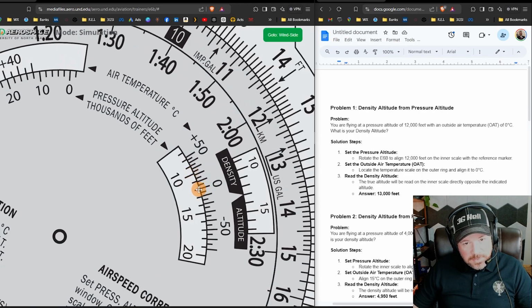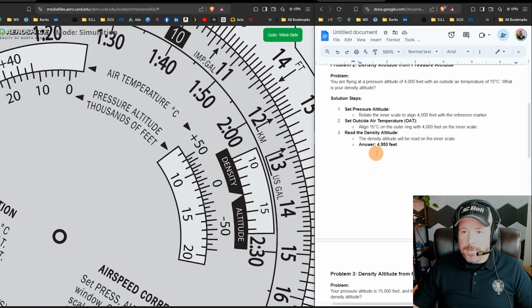So 0 degrees Celsius at 12,000 feet pressure altitude. And then simply, we just go up to read the density altitude. In this case, it looks like 10,000, 15,000. So 10, 11, 12, 13. So 13,000 feet is our density altitude. That is the altitude corrected for non-standard temperatures.